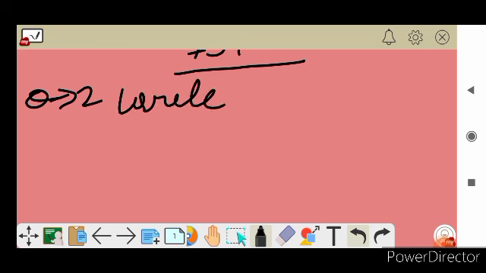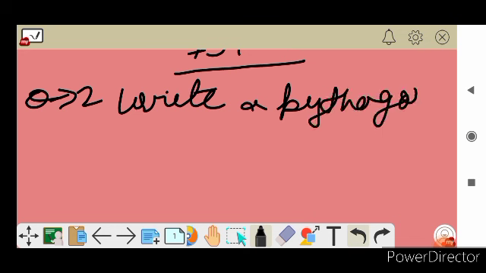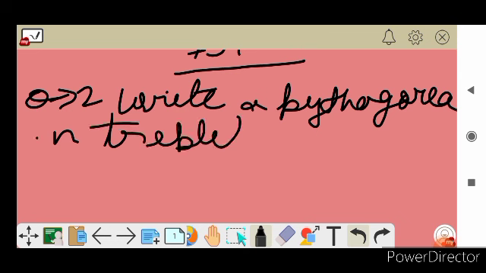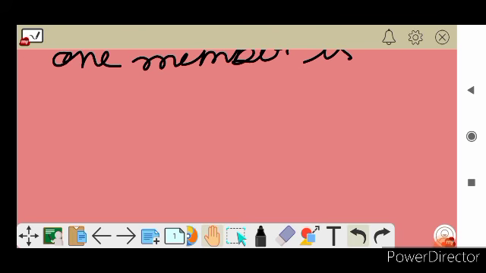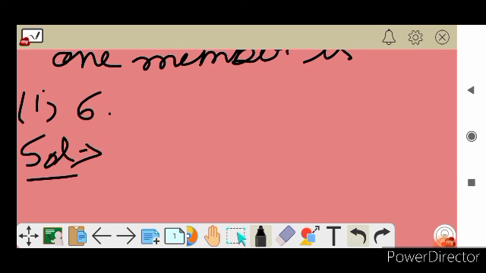Write a Pythagorean triplet whose one member is 6. The first part we will solve here, and first of all we write 6 in front of 2m, meaning compare with 2m.